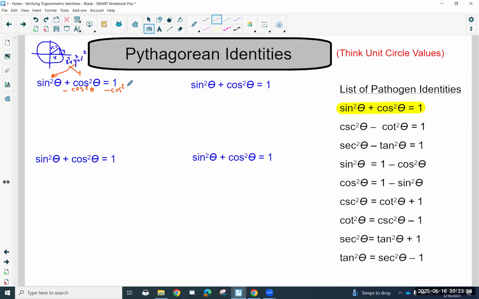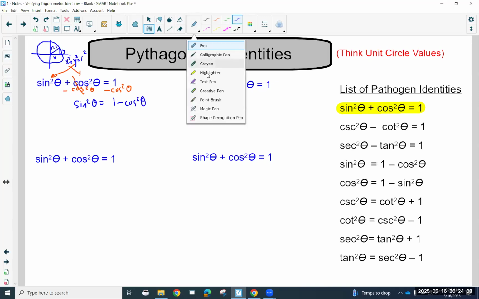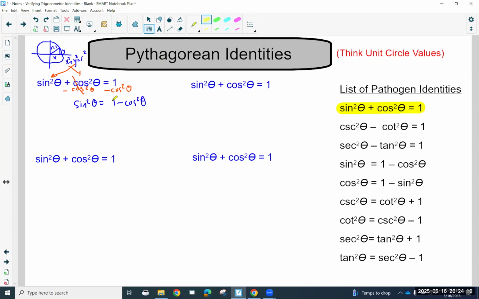If I subtract cosine squared, this would cancel out, giving me sine squared theta is equal to 1 minus cosine squared theta. And you can readily see that this is the one that is produced right here. Believe it or not, this one is also made the same way very easily.